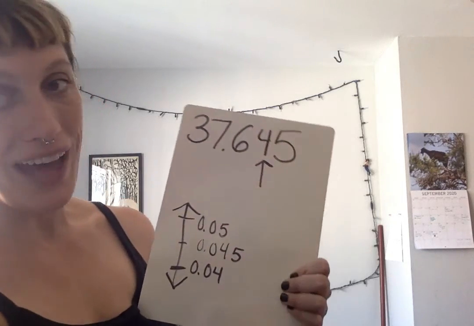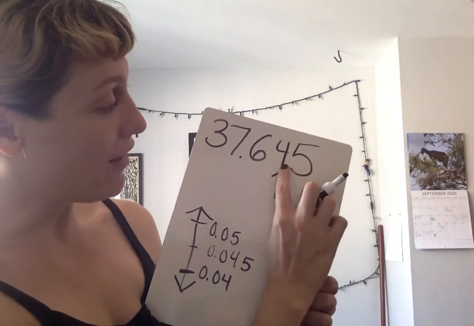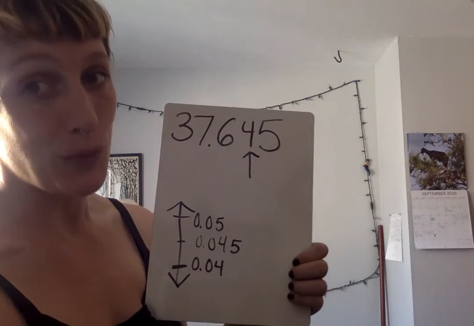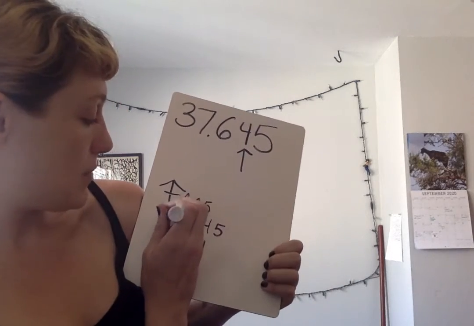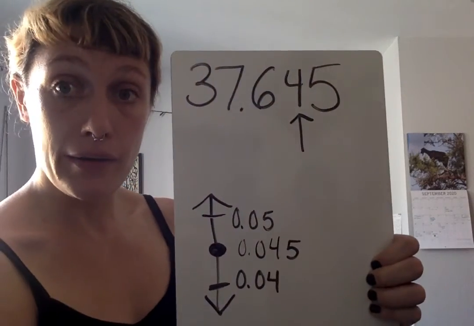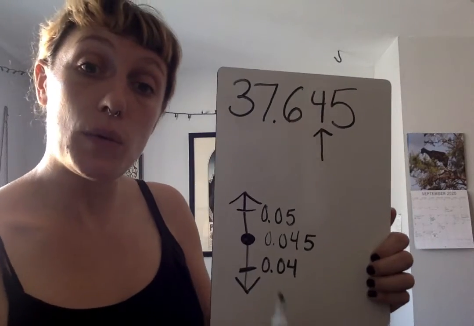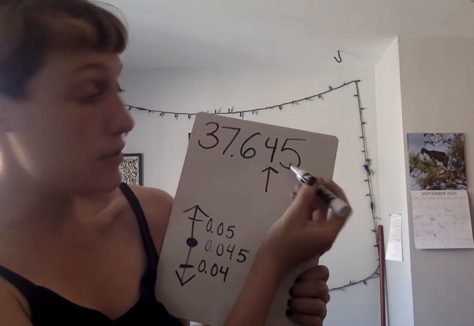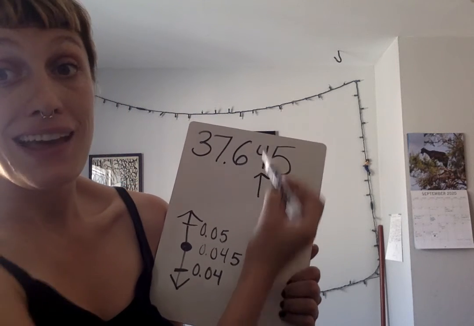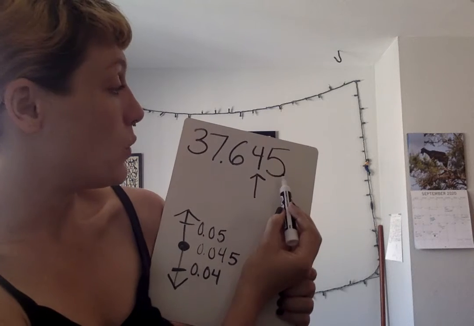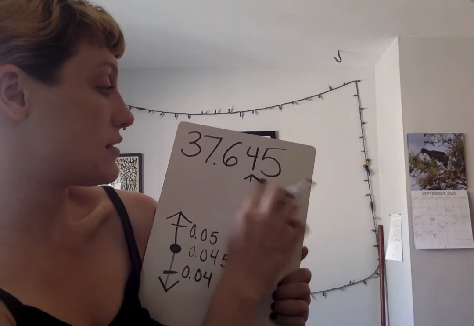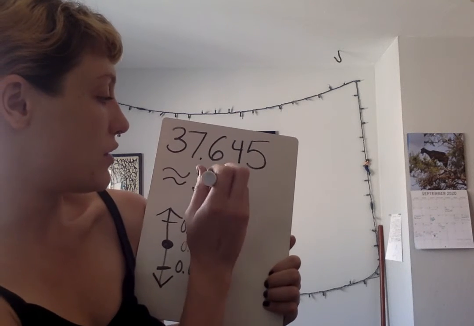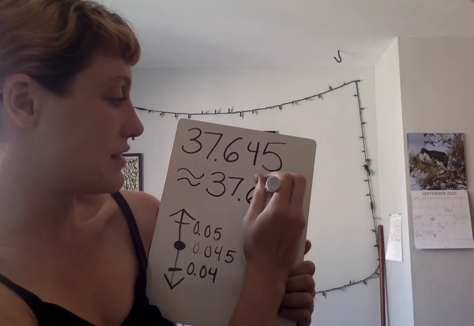And once again, what do we have here? We have 45 thousandths. So 5 of the next smallest place value once again. So like I said last time, when you land on the midpoint, which sometimes does happen, you always move up, okay? So because 5 is exactly in between 4 hundredths and 5 hundredths, we are going to bump up to 5 hundredths. And 37 and 645 thousandths rounded to the nearest hundredth is 37 and 65 hundredths.